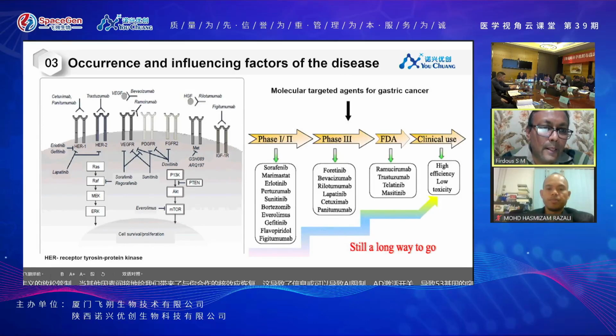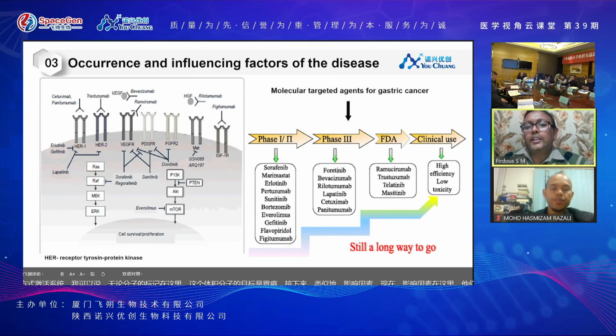They are actually the targets of several drugs or several monoclonal antibodies. If there is an increase in the expression of these receptors or proteins, then there will be downstream hyperactivation that can lead to cancer.